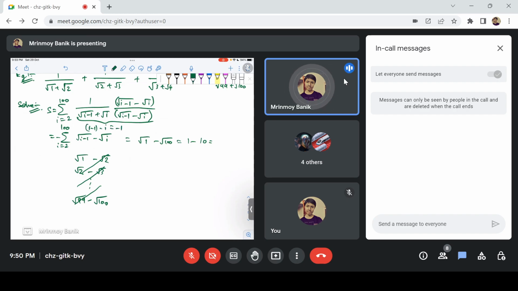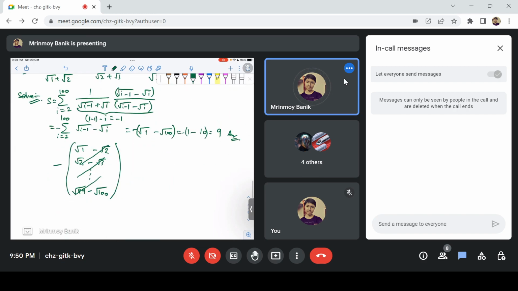So here we have a minus 1 outside. That's why this is minus 1 times root 1 minus root 100. This is then plus 9.